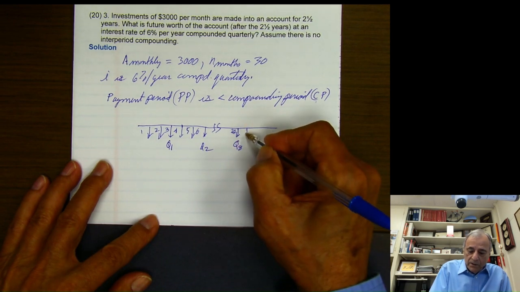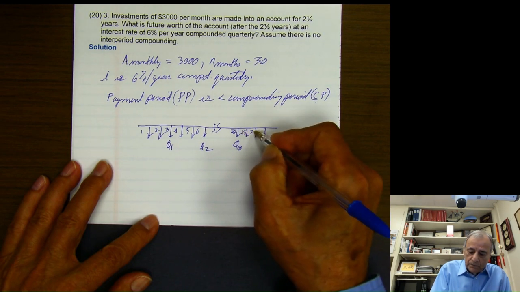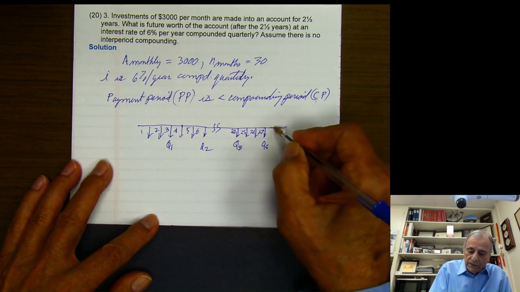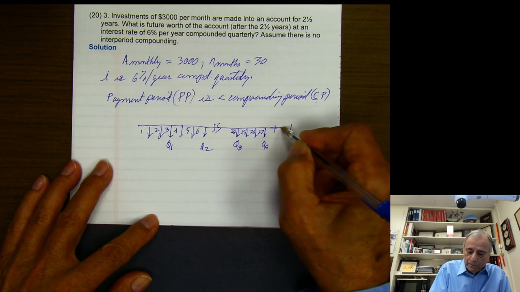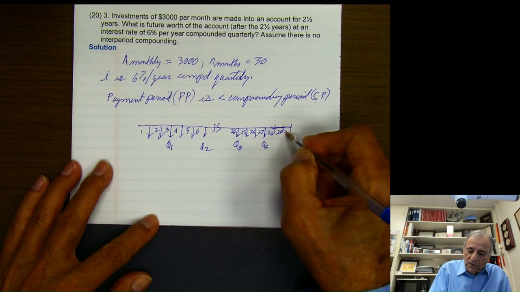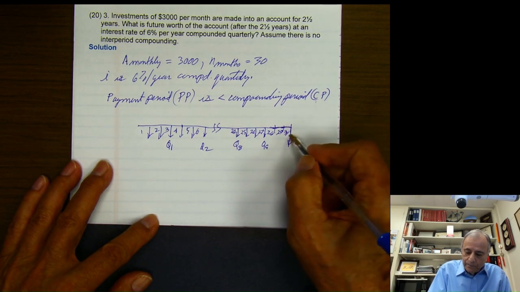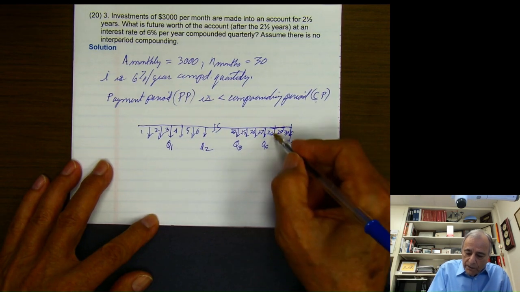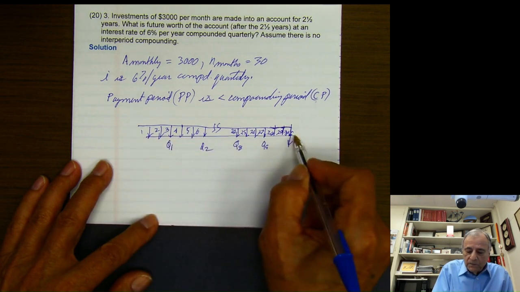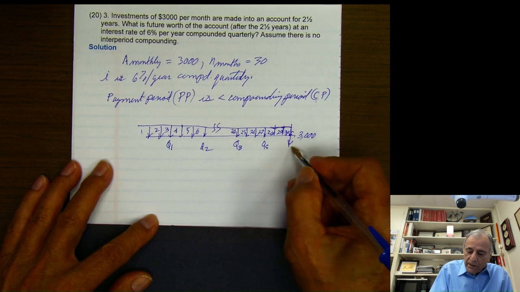And then 25, 26, 27. That would be quarter 9. And then we'll go to 28, 29, 30. That would be the end of quarter 10. All of these have $3,000.